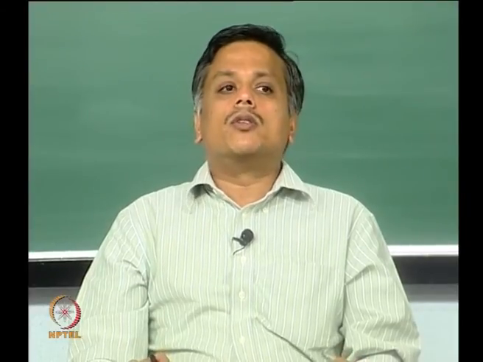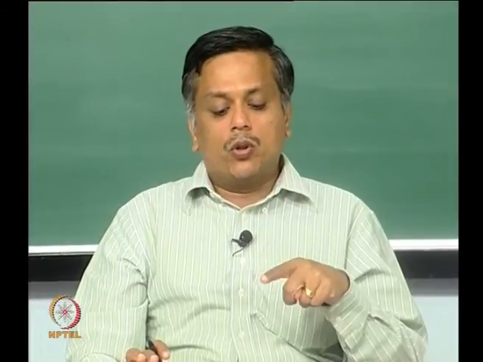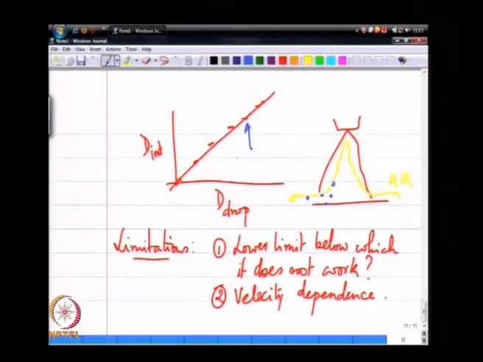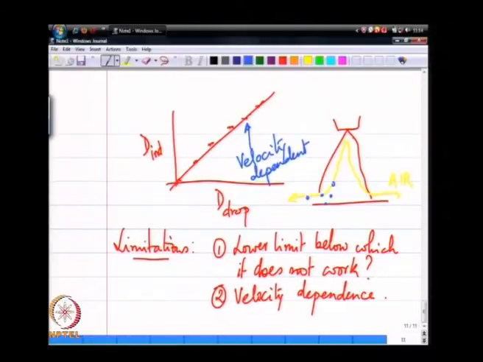Okay. So, we do know that there is a velocity dependence of this slope. So, this slope here is velocity dependent, but how does that really cause a problem in our measurement system?